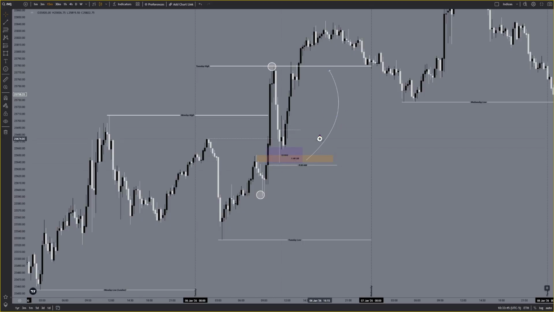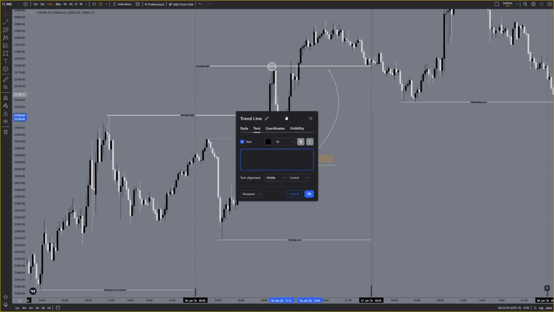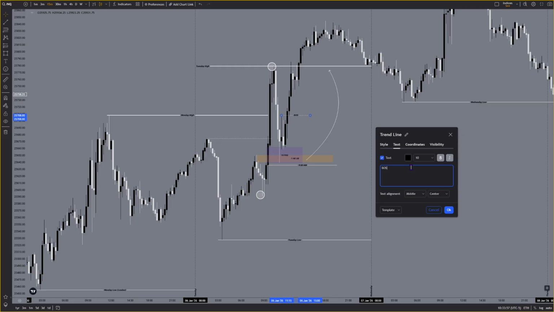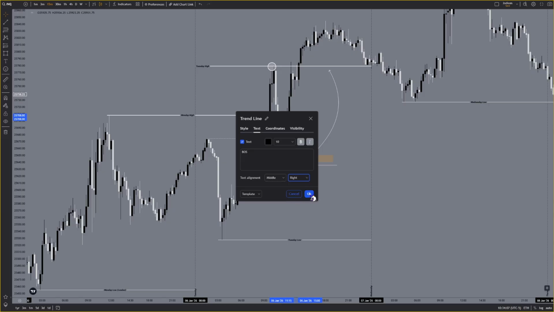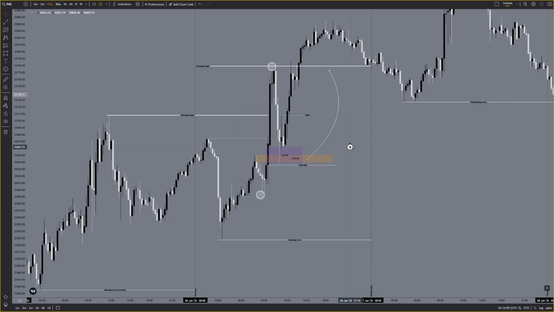Now, after we have that rejection that we're looking for, with the respect of our trade, the next thing you're looking for is a break of market structure. So we have our break here, though if you're more comfortable, you could have gotten in a lot sooner, but I'm just trying to give the people that have the untrained eye a better idea of how you approach the market once you establish where the next delivery is pretty much going to be.